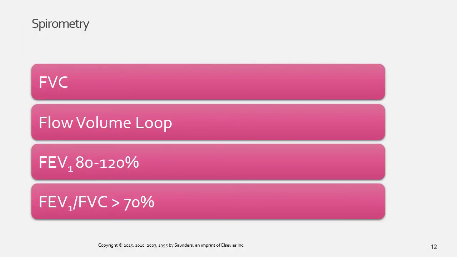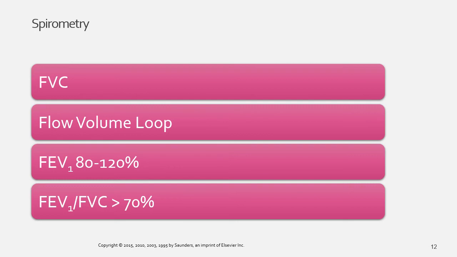Spirometry values are commonly used to determine whether a disease has a restrictive or obstructive pattern. The most common chronic diseases in children, asthma, cystic fibrosis, and bronchopulmonary dysplasia, are obstructive.